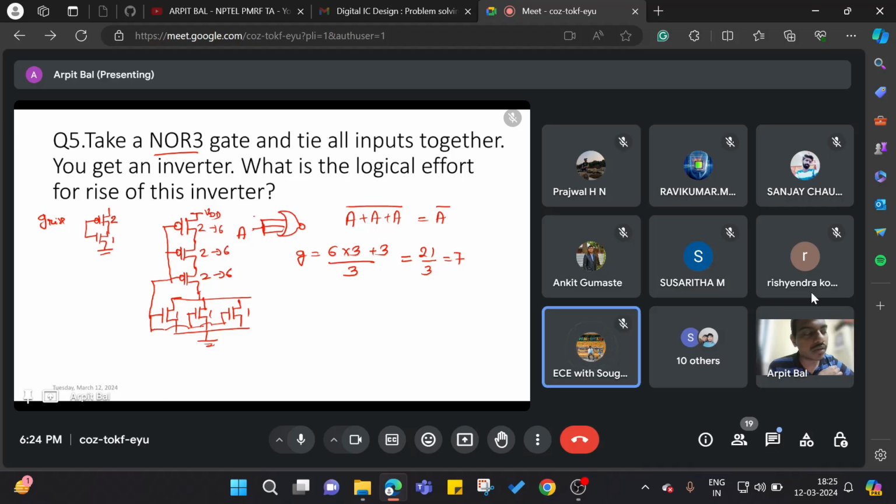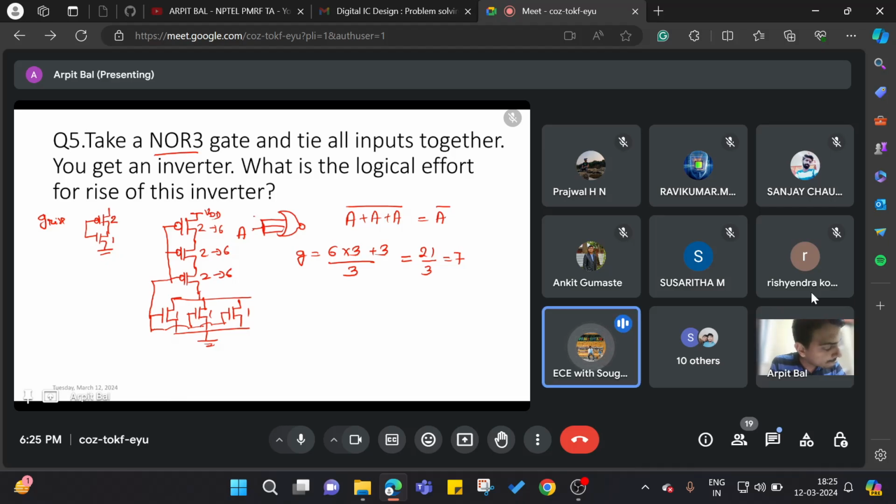But in this case it is not applicable because here we can see directly that the PMOS equivalent is also R and the reference inverter's PMOS is also R. So we need not make that skewness present here.